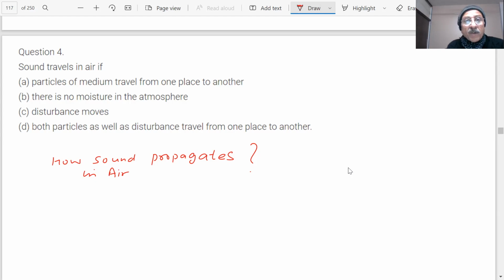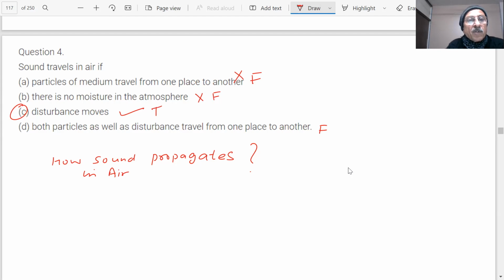What is the correct answer? Sir, option C, disturbance moves. Particles of the medium move is false. No moisture, false. Disturbance moves, yes, disturbance moves. Both particle as well as disturbance travel from one place to another, false.